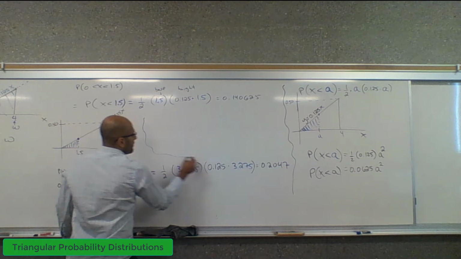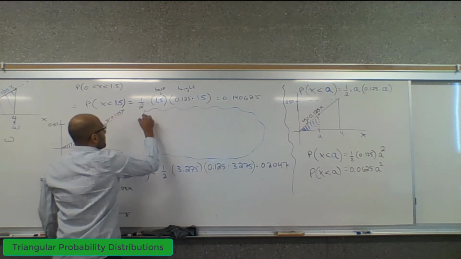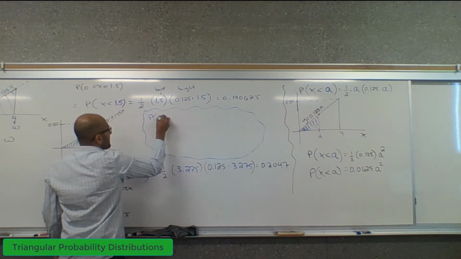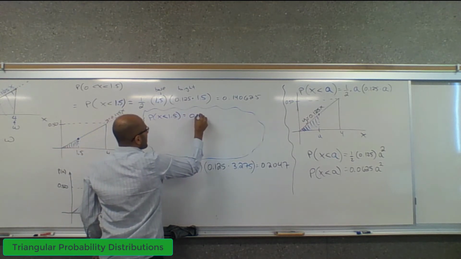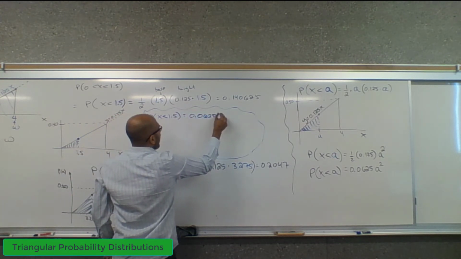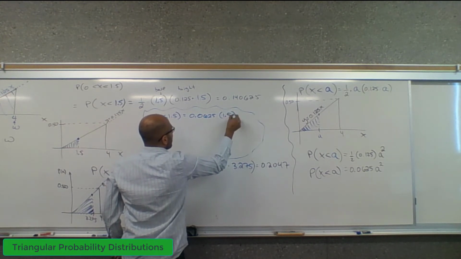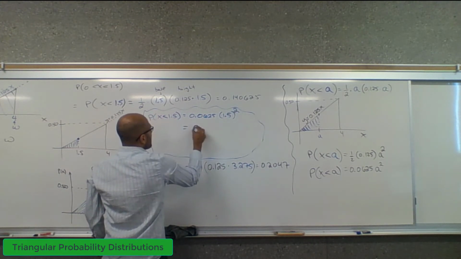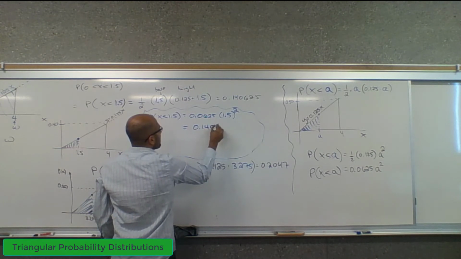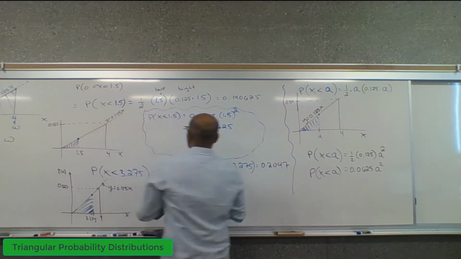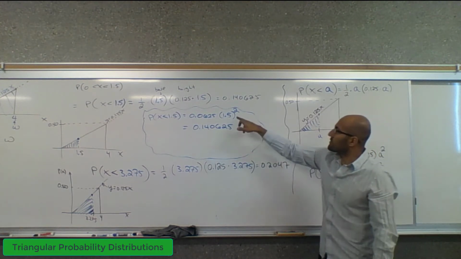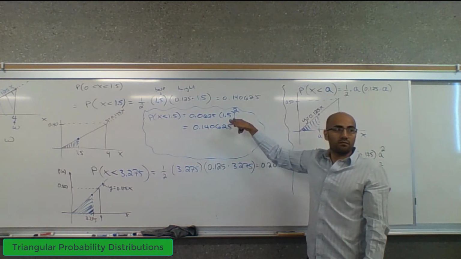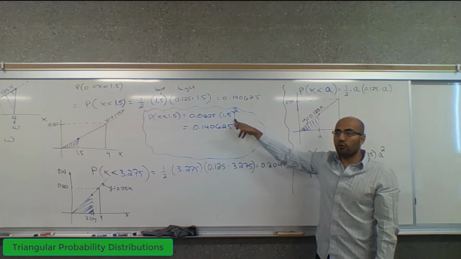So we know that the probability that x is less than 1.5 is going to be equal to 0.0625 times 1.5 squared. That's going to give me 0.140625. No other work needed. I don't need to come up with triangles and bases and heights. It's just all built into there. Good? It's a nice, powerful little equation.